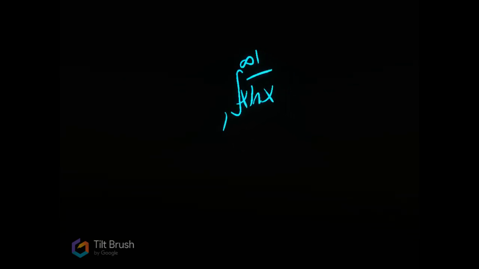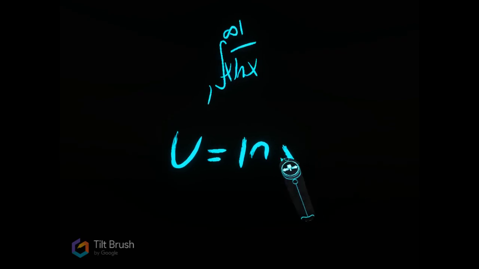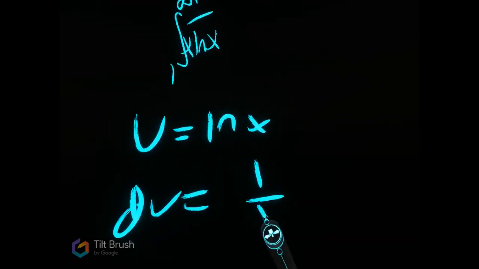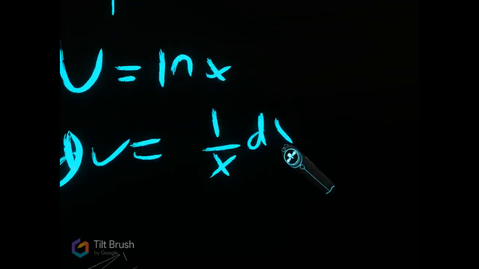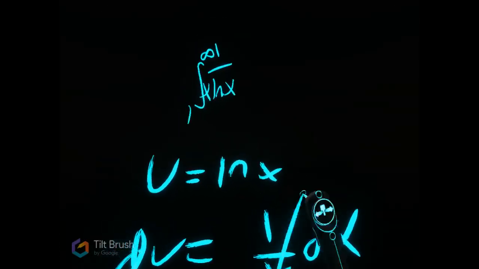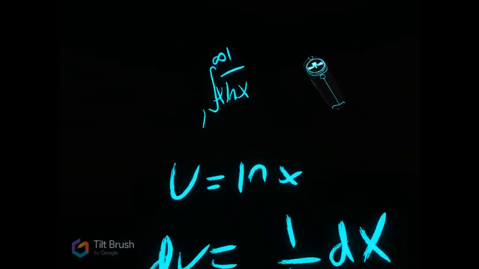Well, I guess I can just say u equals ln of x, du equals dx. So if I substitute that in, this is easy.